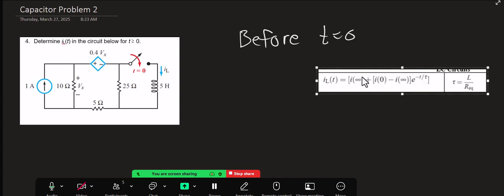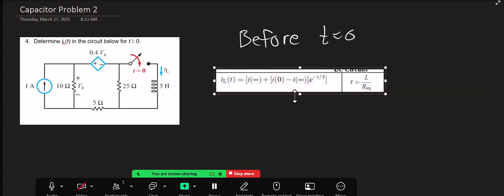We're going to need to have I of 0, I at infinity, and the time constant.